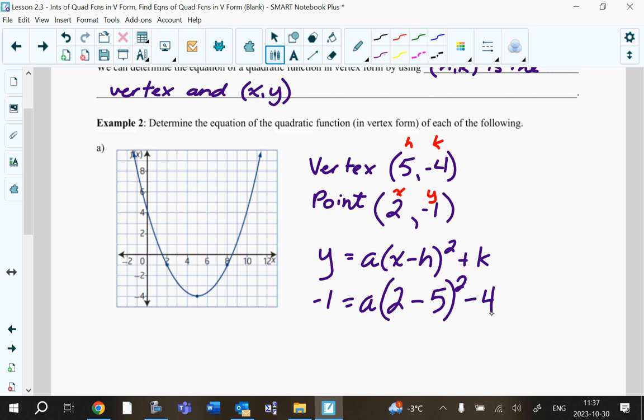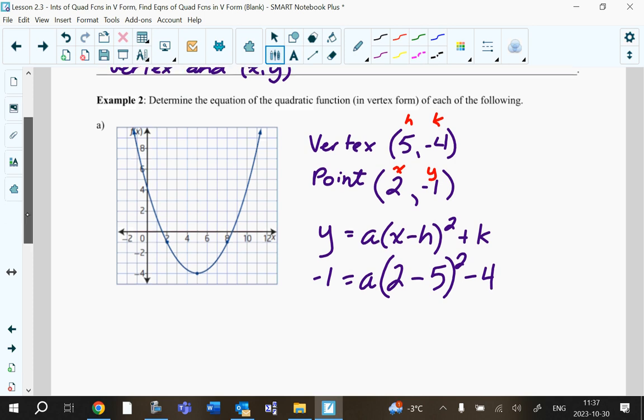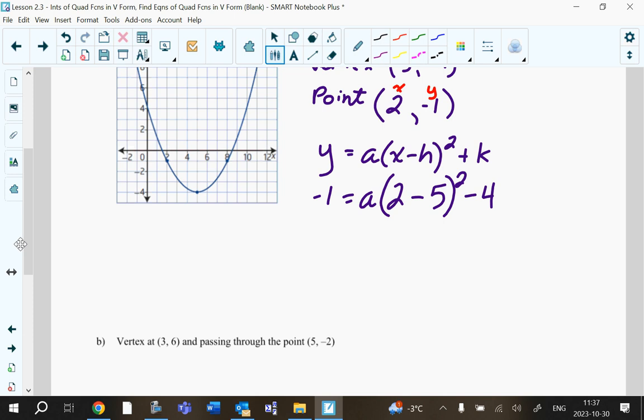So now we go back to our equation solving. We've got to get a by itself. First of all, I've got to do some simplifying. What's 2 minus 5? -3, and -3 all squared? -9 or +9? 9. So a times 9, or 9 times a, 9a.